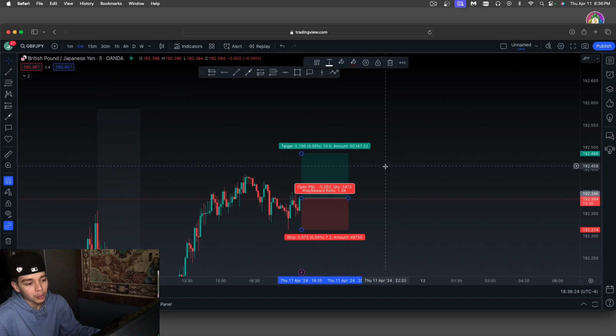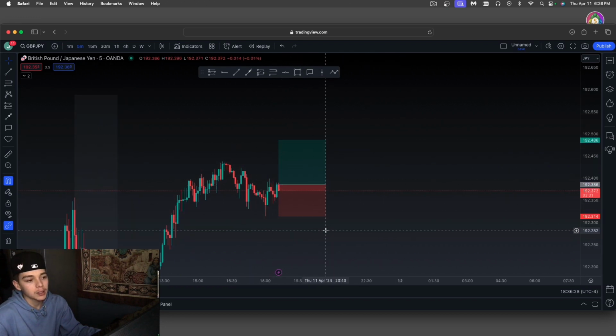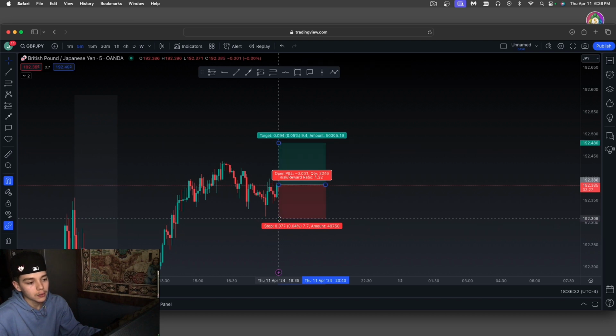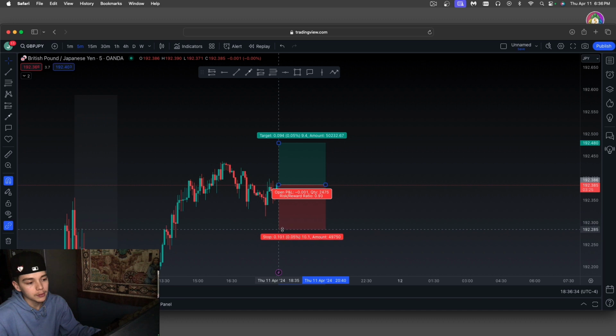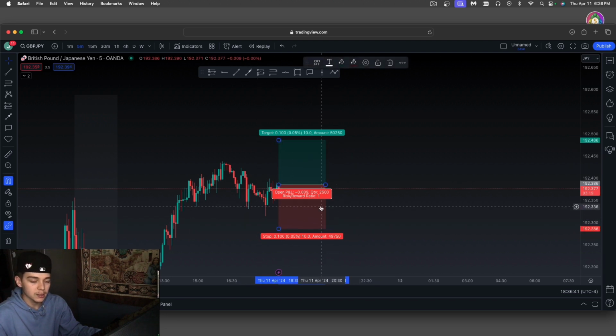So at a 0.10 lot, our reward would be $100, and our risk would be $100. That's if you're going for a 1-to-1. So we're risking 10 pips to receive 10 pips. That means we're risking $100 to receive $100, and so on and so on with the lot sizes. Okay.